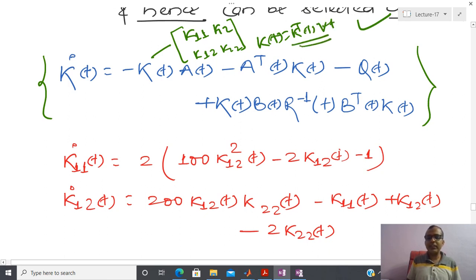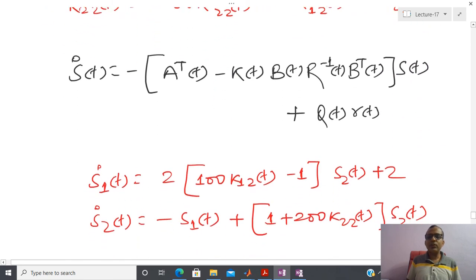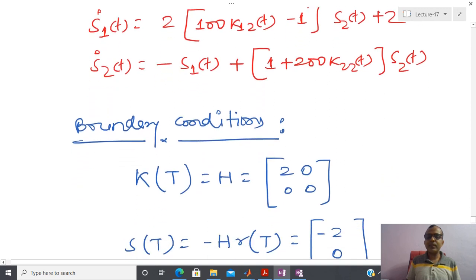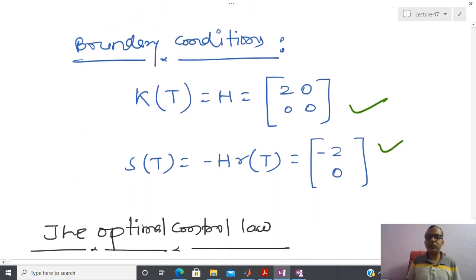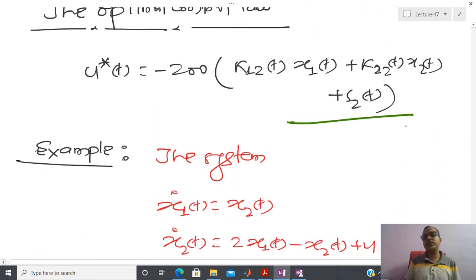So I have 3 equations, and after that I am also able to derive the equation in terms of x1 and x2. By solving this equation and putting in boundary conditions like these two, I am able to get the optimal control. So please check whether this is the optimal control or not.